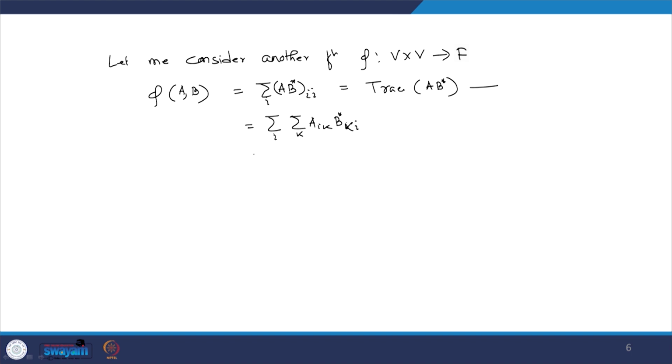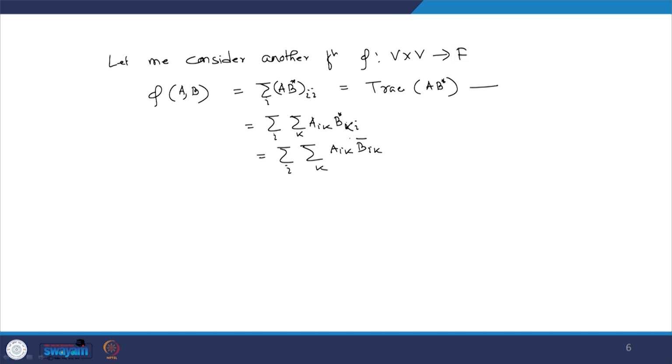So this is equal to sigma over i as well as k of a_ik and b star, meaning conjugate transpose, so this is b_ik bar.